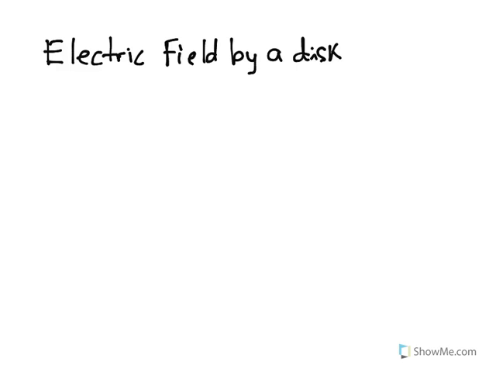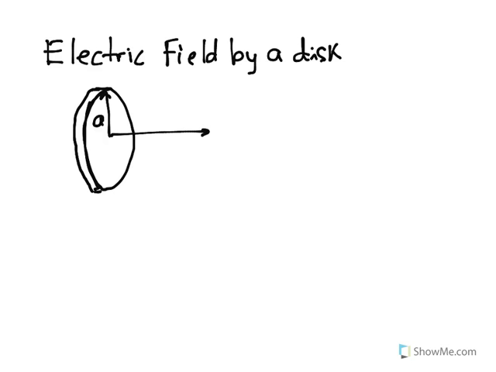Now imagine that instead of having a ring, we have a disk. This disk is completely circular, but we're seeing it from one extreme, and it has a radius a. We're going to calculate the electric field at a point P once again.